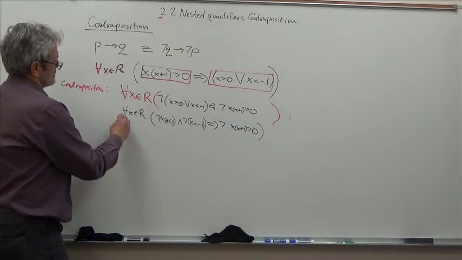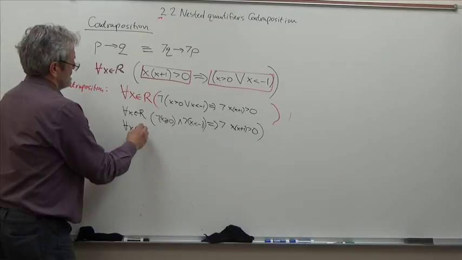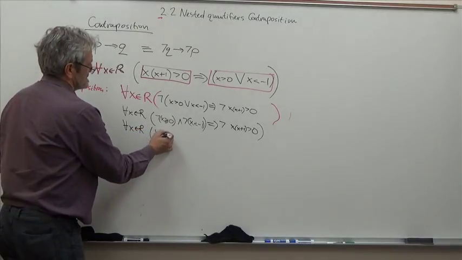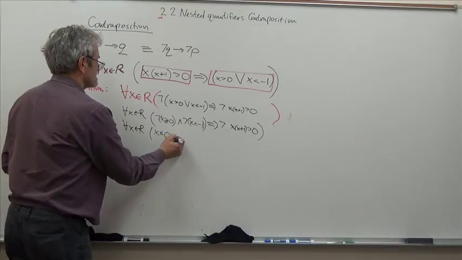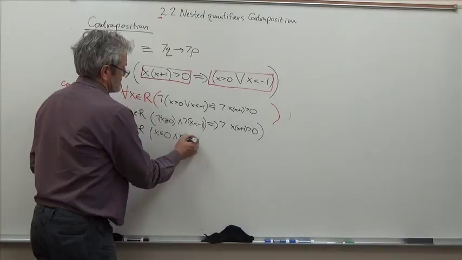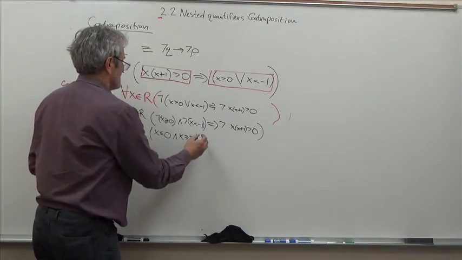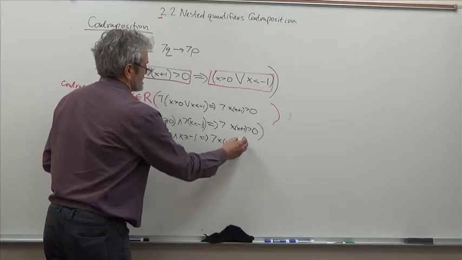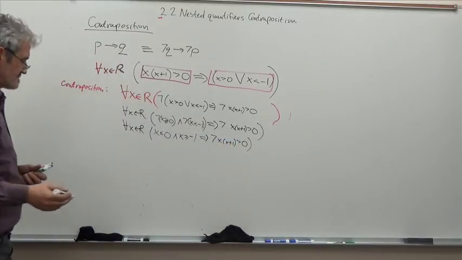And then of course, if we know our inequalities, not being greater than 0 means that x is less than or equal to 0, and x is greater than or equal to negative 1, implies x times (x plus 1) is less than or equal to 0.